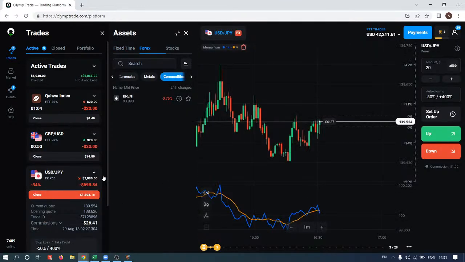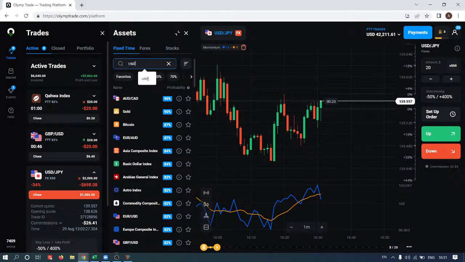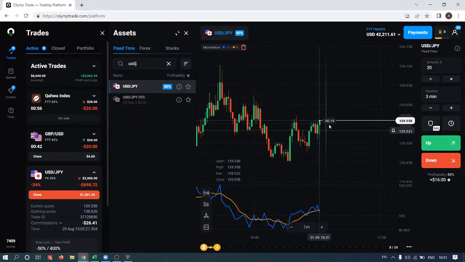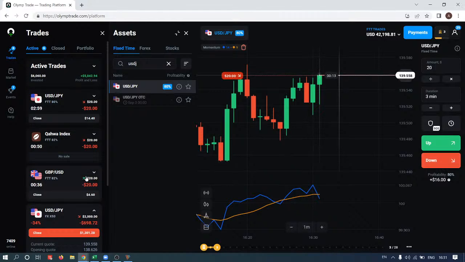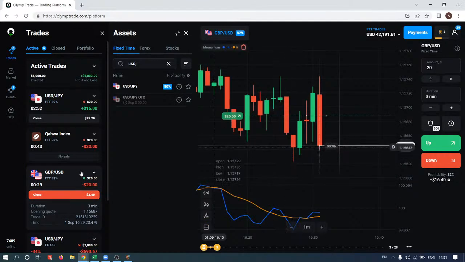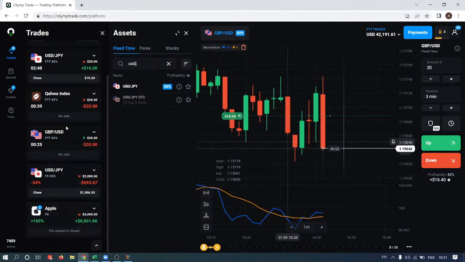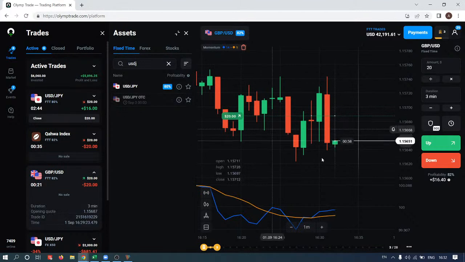My trade on the USD JPY is not trading with a profit, but compared to my Forex trade of Apple, that is something small. That is like 1/10, 1/11 of my Apple profit. So GBP USD, so the pound here.